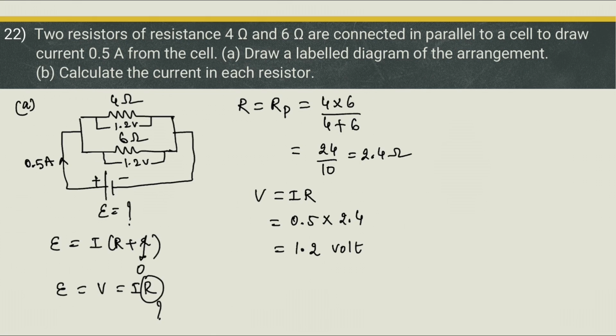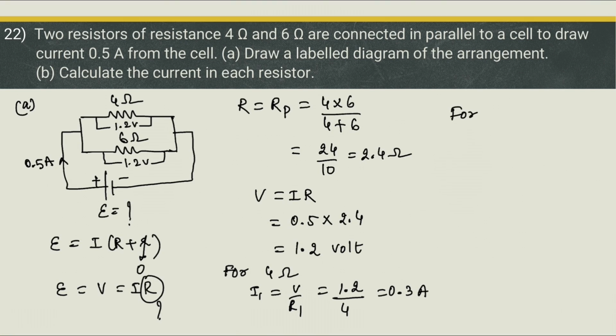So now our task becomes easy to find out the current in each resistor. So first for 4 ohm, current is V upon R1, 1.2 divided by 4, that is 0.3 ampere.